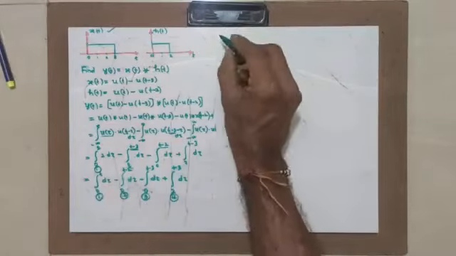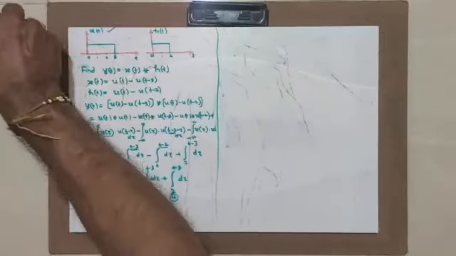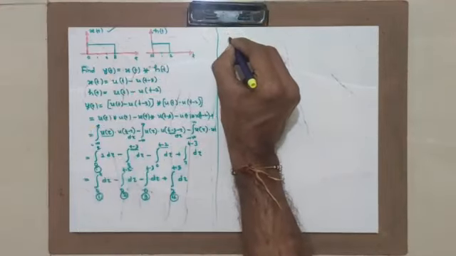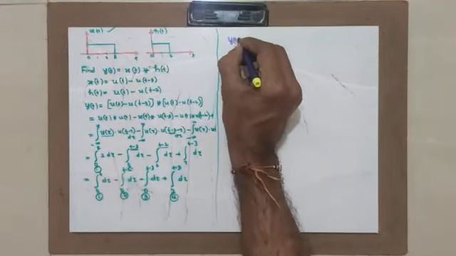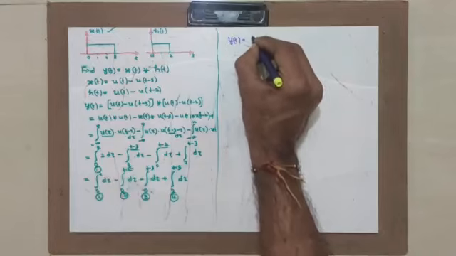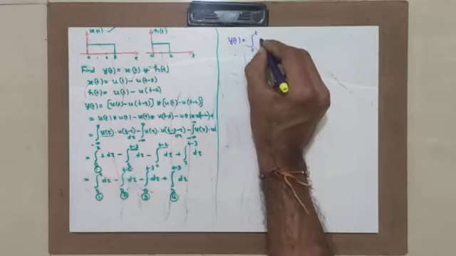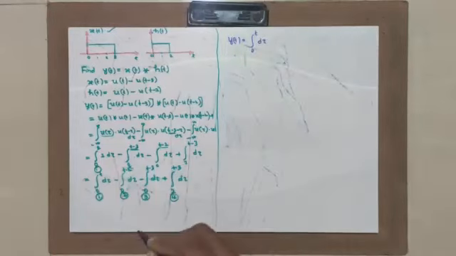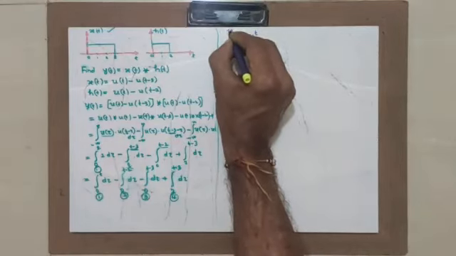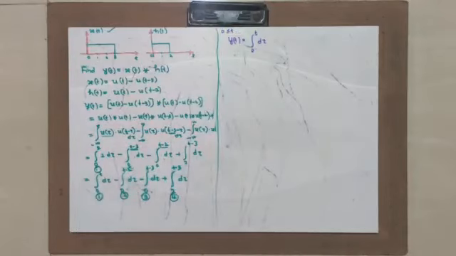Now, my output y of t is equal to 0 to t d tau, for t greater than or equal to 0.